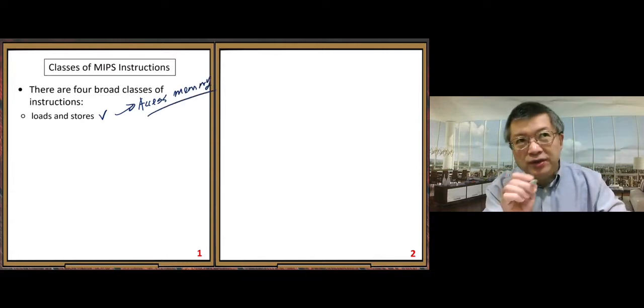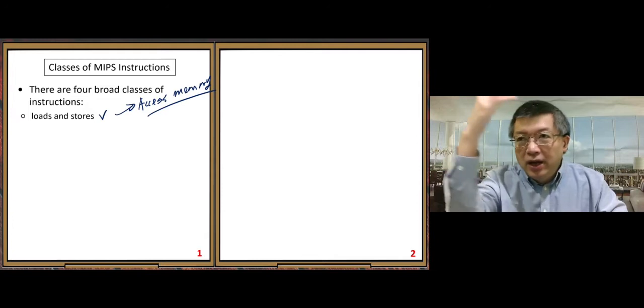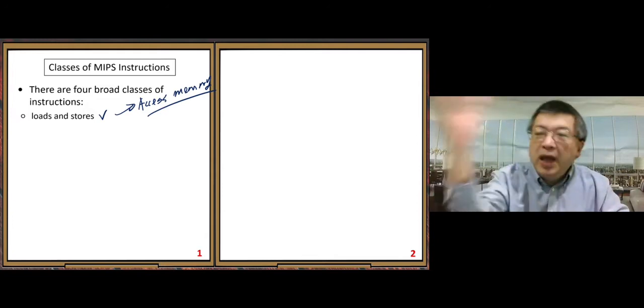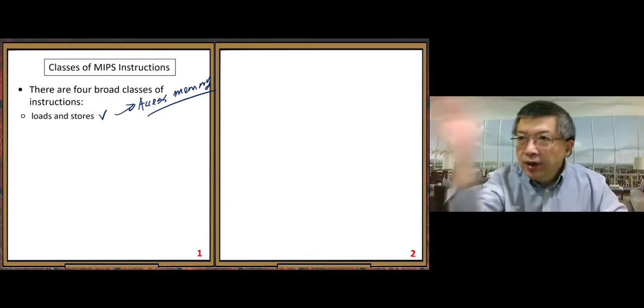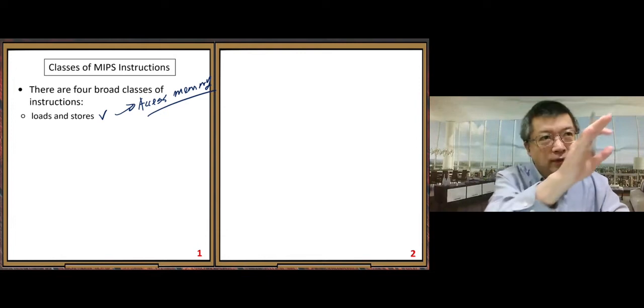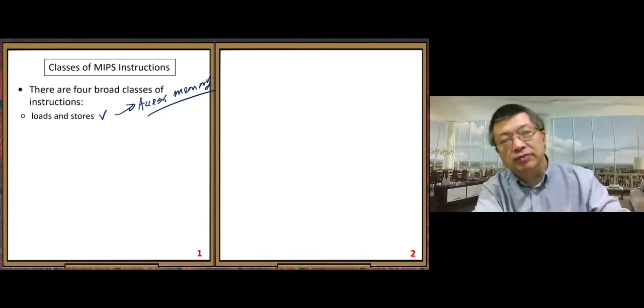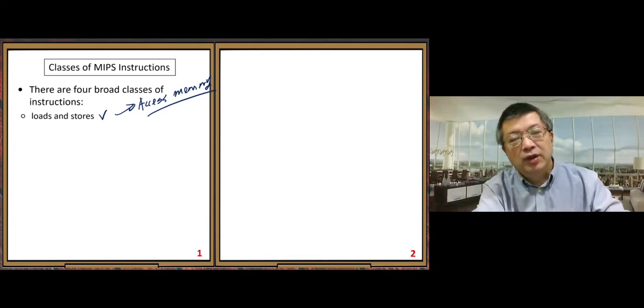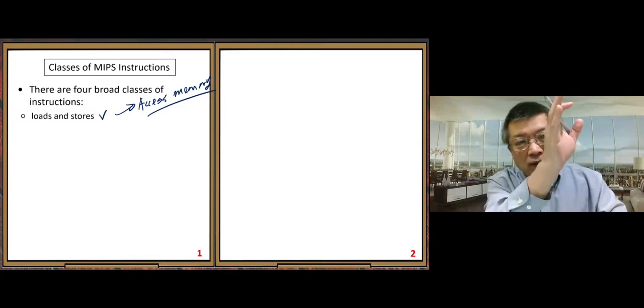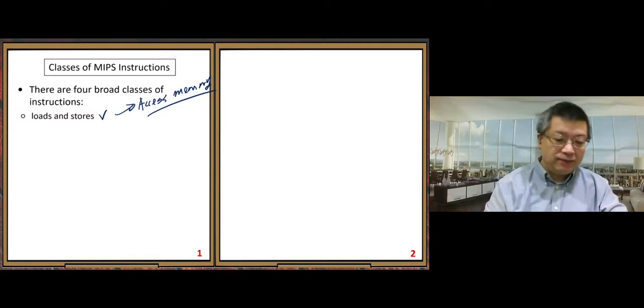Access memory means read and write data. So that's the meaning. We call it memory access.